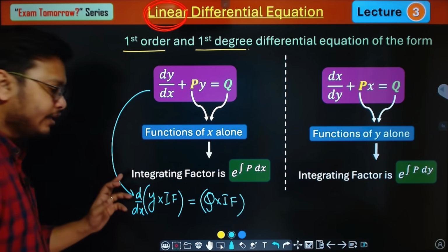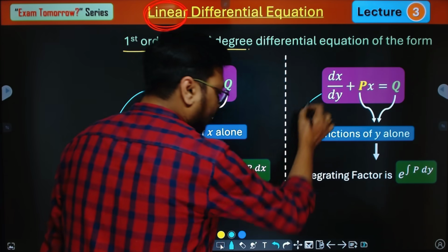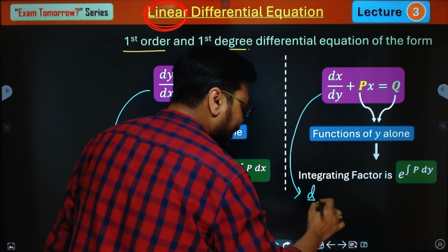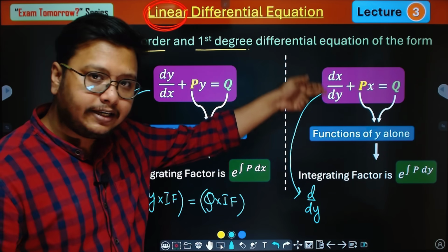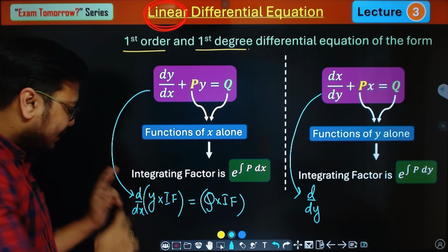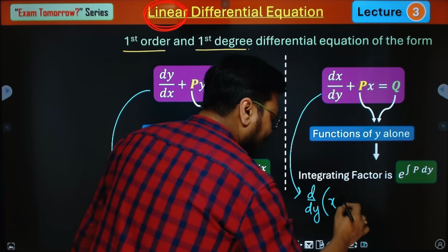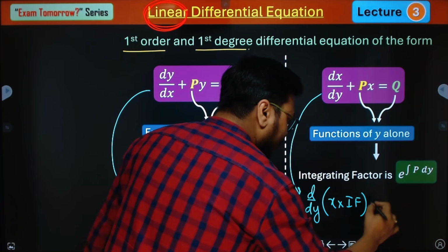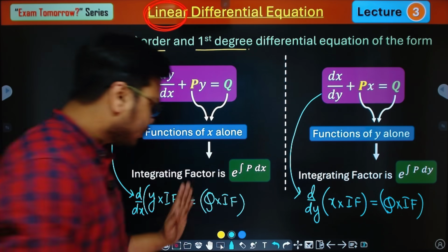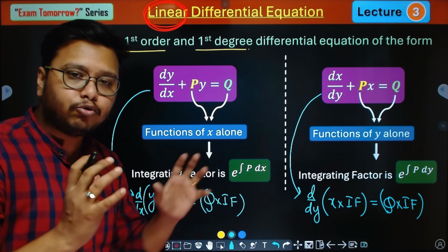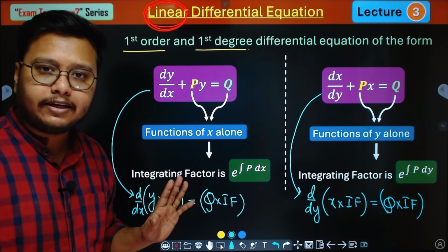For that case, the format of the solution would be d/dy of, because here it was d/dx, here it's d/dy, so d/dy of x into integrating factor equals q into integrating factor. So these are the two solution formats that we can use for the two different linear equations.